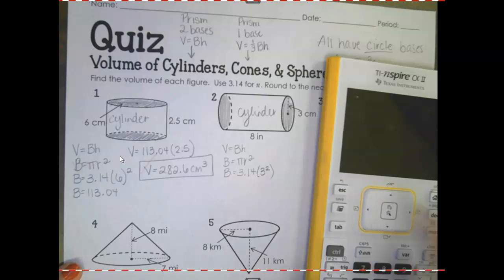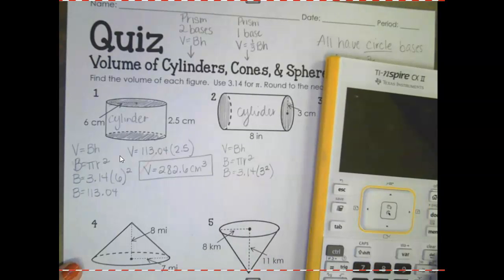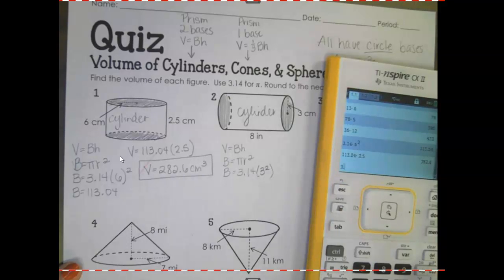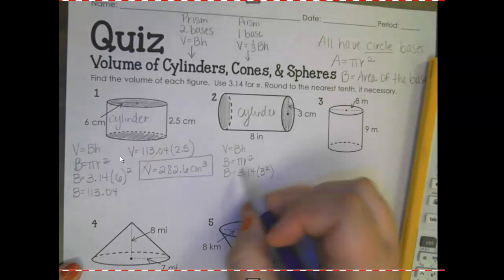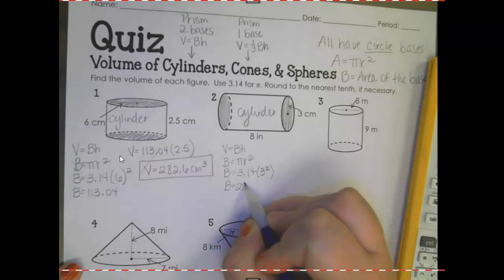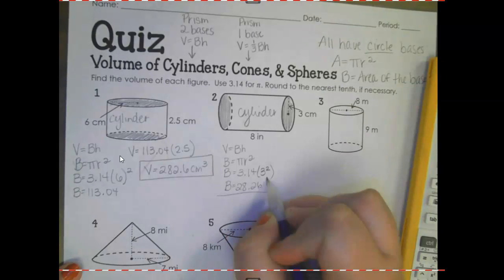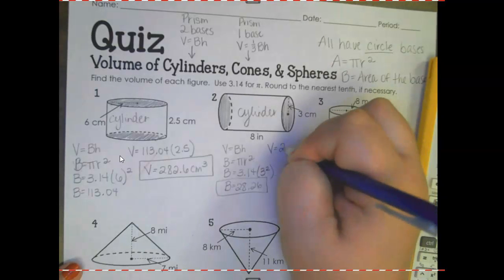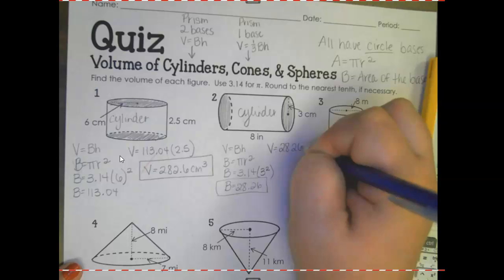With my calculator. 3.14 times 3 squared is 28.26. So I'll go back to my volume formula. 28.26 times my height.